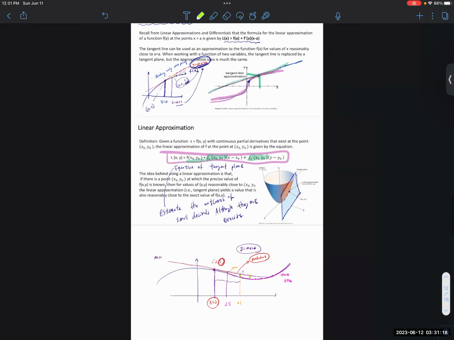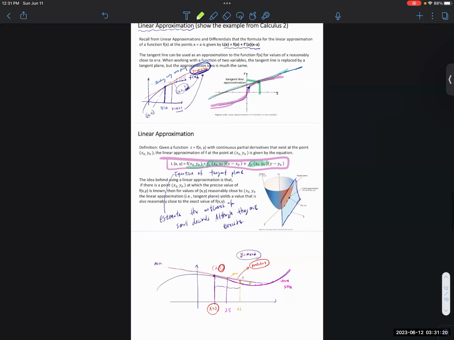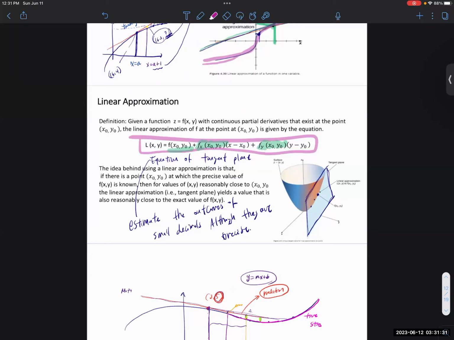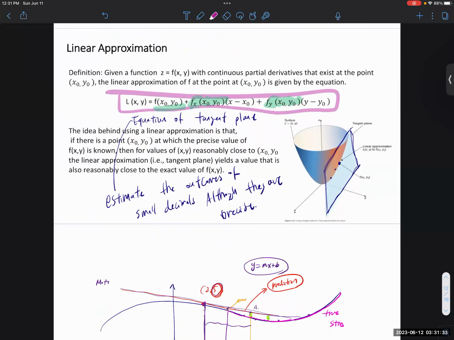Think about this concept, it's a little bit interesting. In calculus 2, this is the formula to find the linear approximation, which is the same as the tangent equation. And in 3-dimensional space, the equation of the tangent plane is also called the linear approximation.